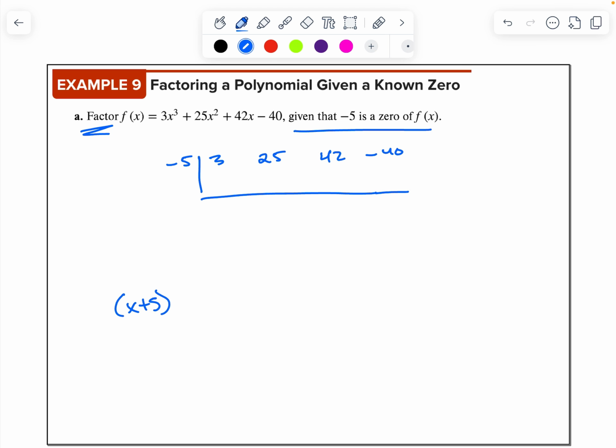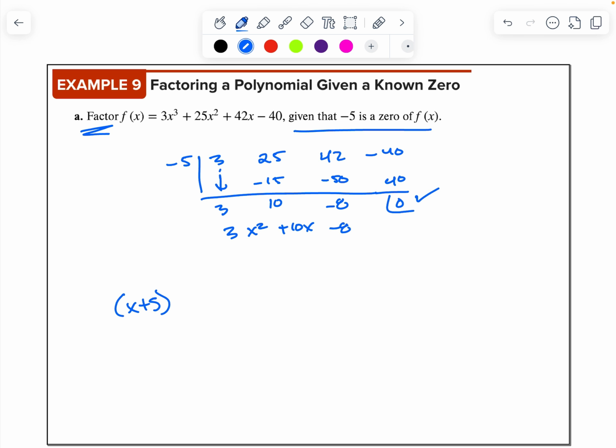If I was missing the x squared term, I would have to put a 0 there. All right, bring down the 3. Multiply, add, multiply, add, multiply, add. Check. That is a 0. In fact, it did work. This is the same thing here as 3x squared plus 10x minus 8.